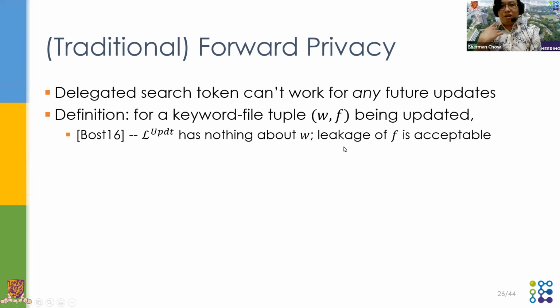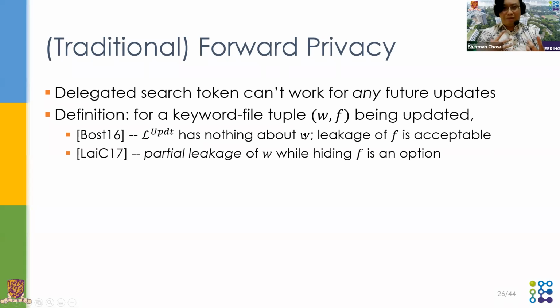On the other hand, he does not really specify F, so leakage of F, the actual file, is acceptable. In another work with a former student of mine, we consider something slightly different. We tolerate partial leakage of W, but on the other hand, hiding F will be an option.